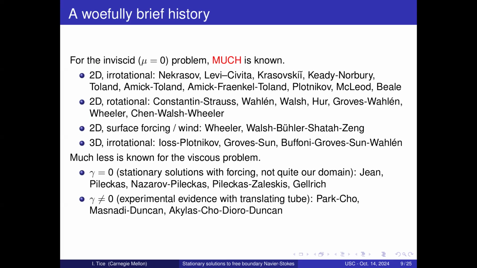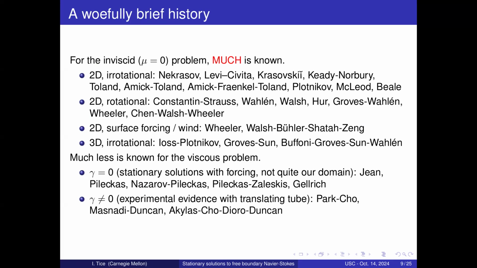About 20 years ago, starting with the work of Adrian Constantin and Walter Strauss, the rotational problem finally was cracked. And their school has been quite successful in continuing to attack this and prove many more things about this over the last 20 years, including even some work with some primitive but related models of surface forcing.